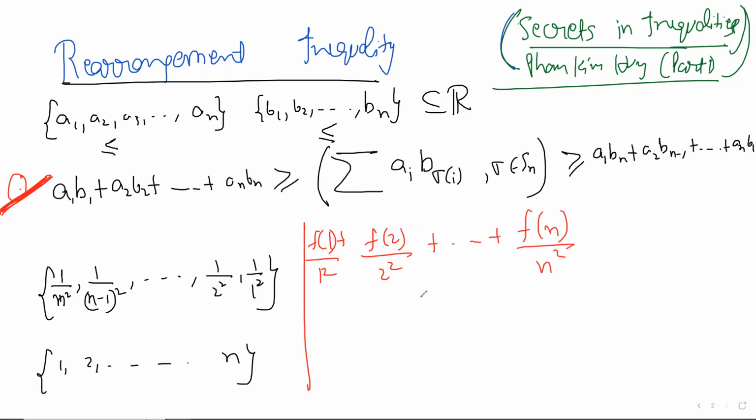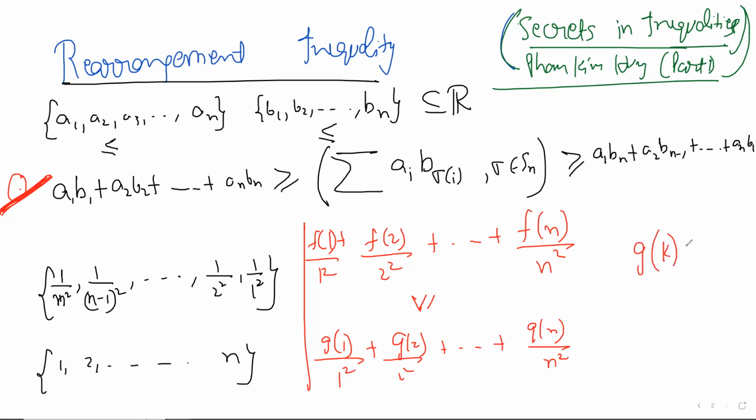Then you know that this thing will be bigger than g1 by 1 square, g2 by 2 square, gn by n square. Where what is gi? G is a function which, you know, g of k is equal to k.